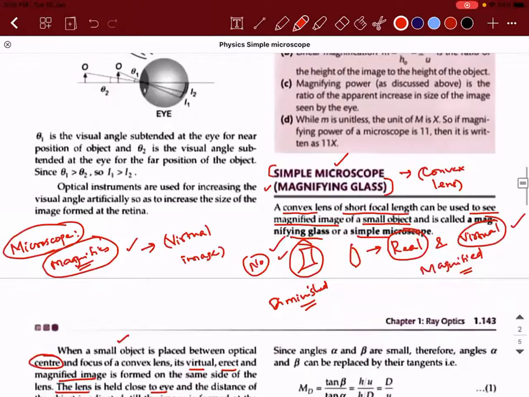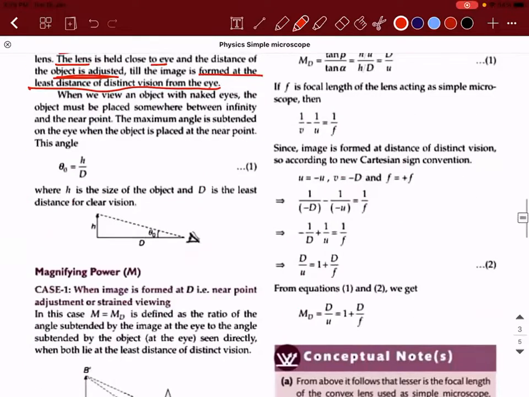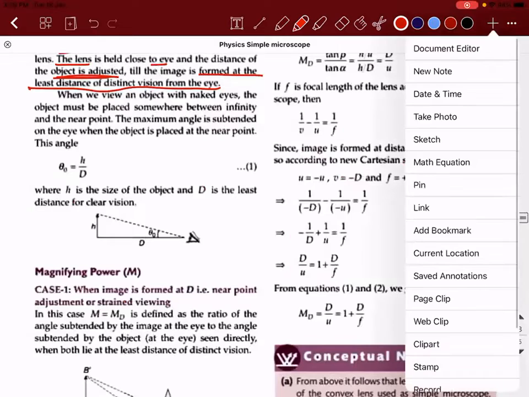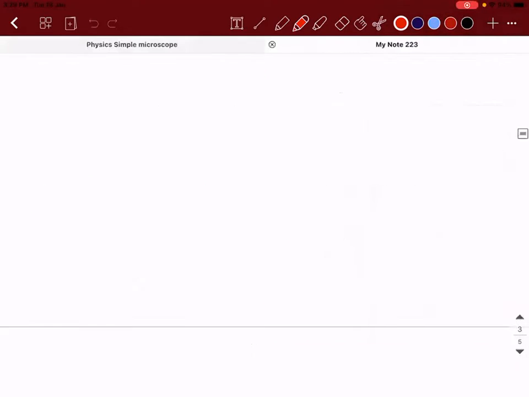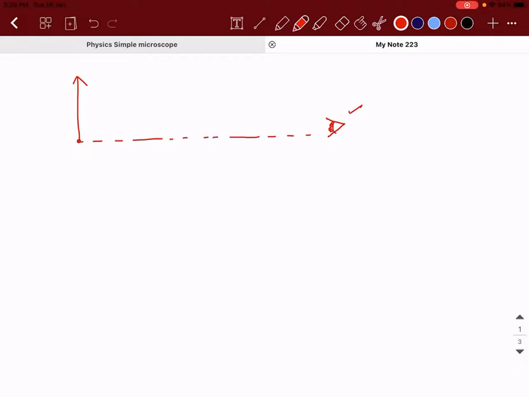So having said this, first, let us say I have an object, and I look at this object. I need to ensure the distance between the eye and the object is adjusted in such a way that I am able to see the top and bottom of this object.